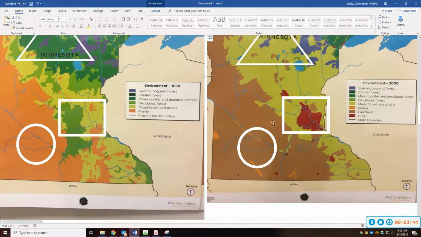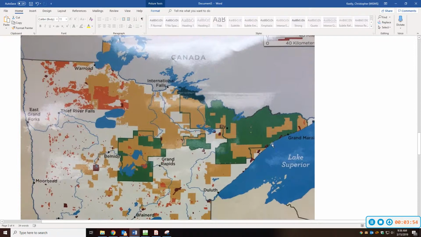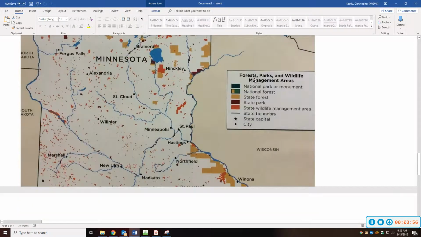So today you're going to be taking a quiz that helps you identify what are cities or locations and which of these environments they are near. And then finally you're going to be looking at one that is forest, parks, and wildlife management areas. A national park or monument basically is a park designated for enjoyment, recreation. You're not going to see people's homes or factories built there. Then there's national forests.